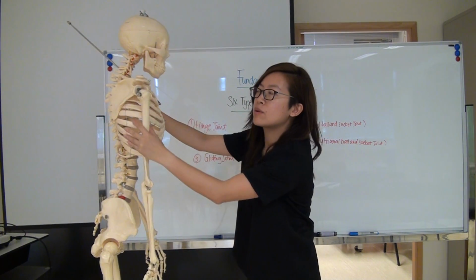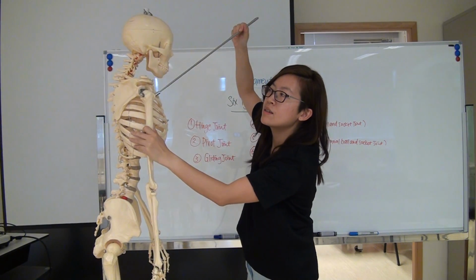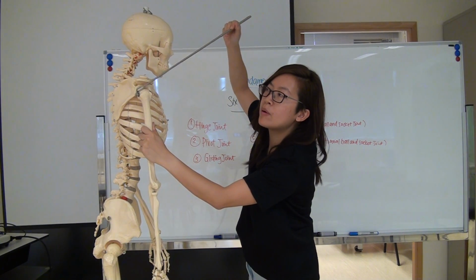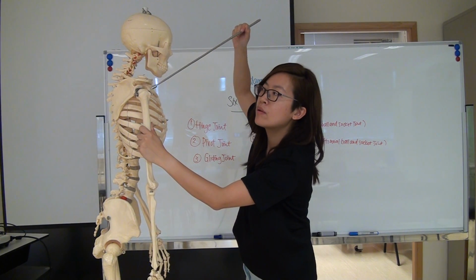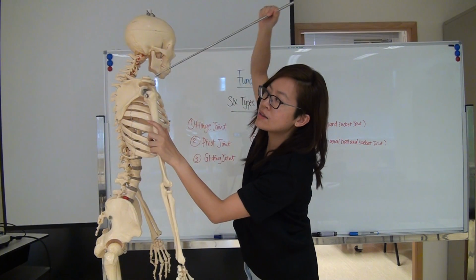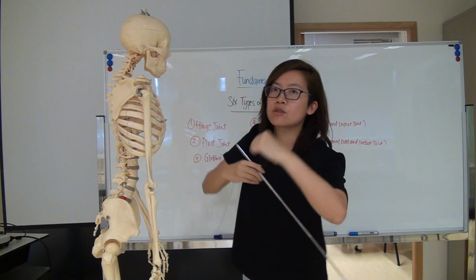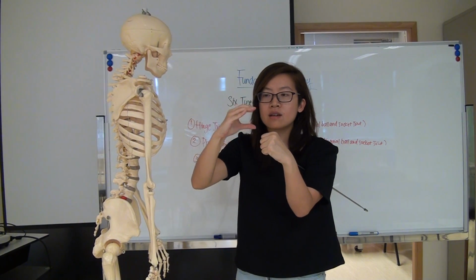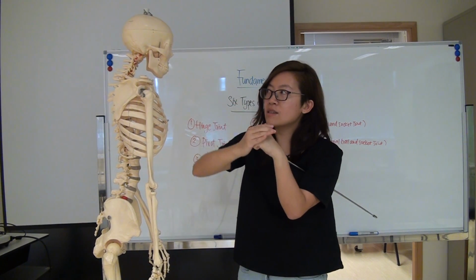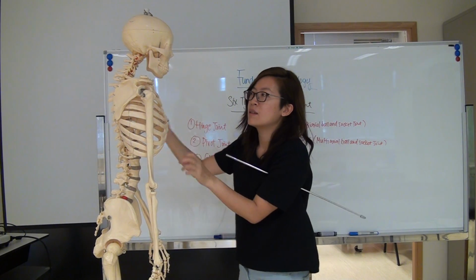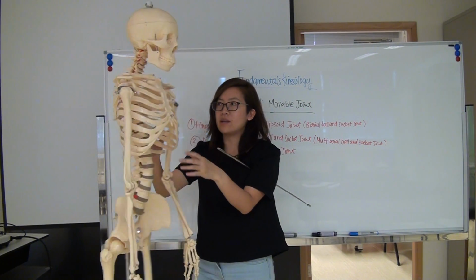In the skeletal model here, you can see the shape of the bone here is like a ball, and this part here is just like a socket. And it actually allows movement in all the planes.